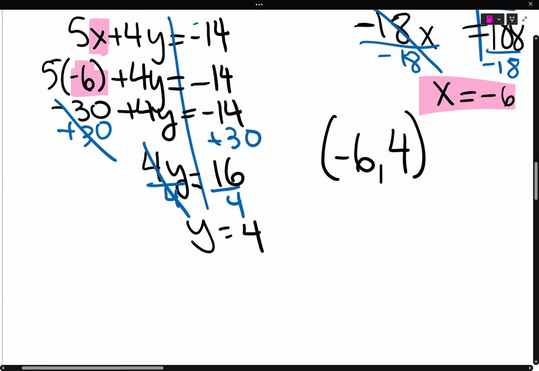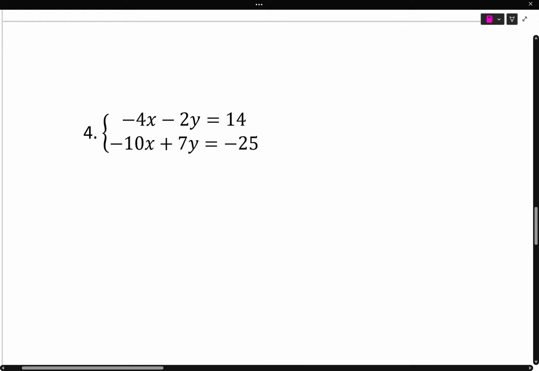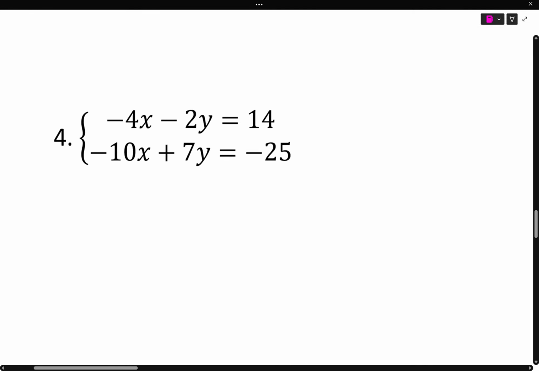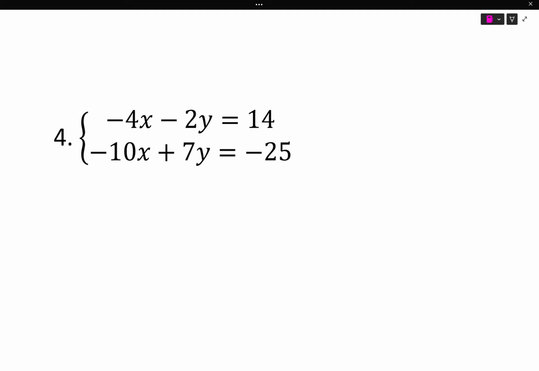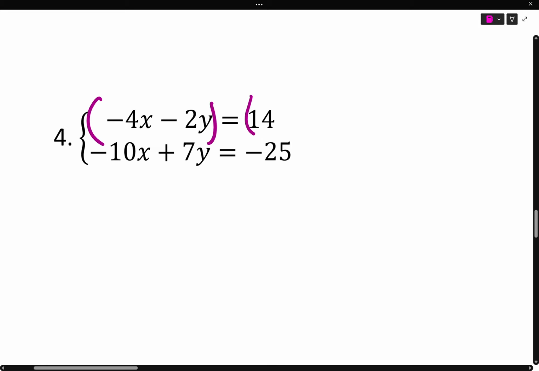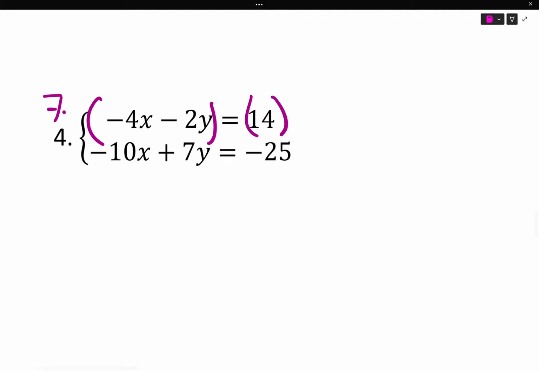All right, here we are on number 4. Now number 4, just like the previous ones, we can choose either the x's or the y's. I like to go for the ones that are already set up to be opposite, so let's cancel out the y's. So I'm going to multiply the top equation by the bottom number, and the bottom equation by the top number.